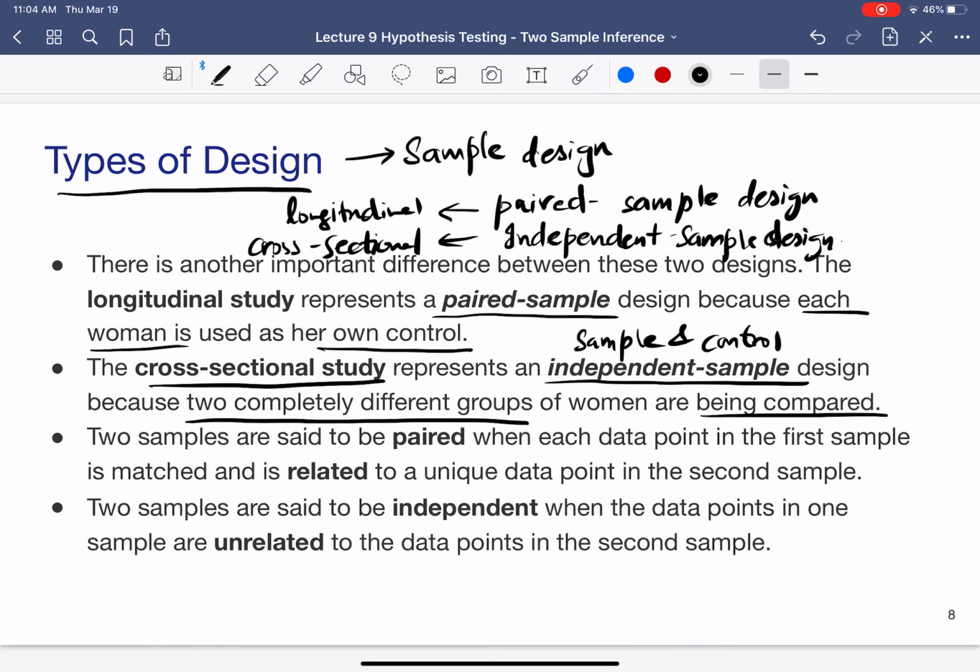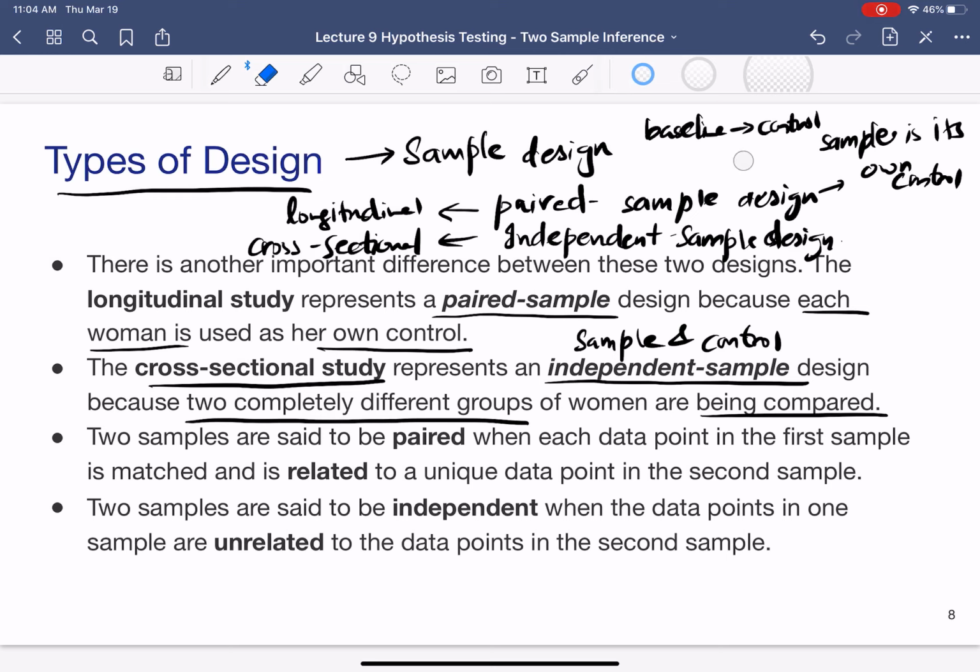But in a paired sample study, the sample is its own control. So the baseline is the control and the follow-up becomes the sample.